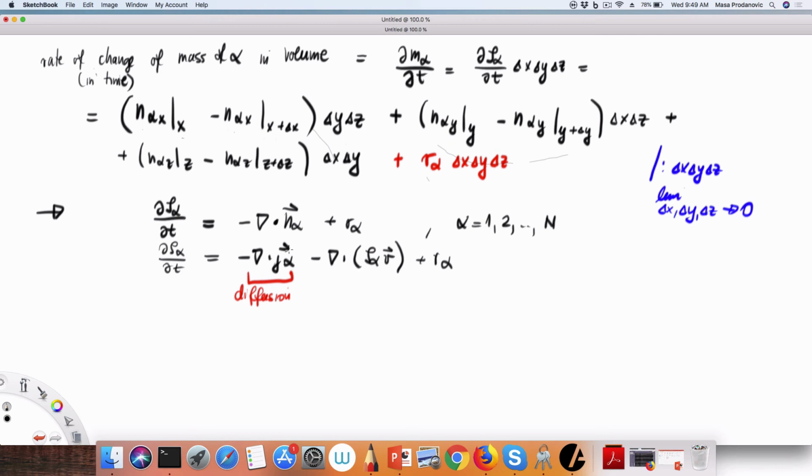Unfortunately, for the rest of the week, you will have to endure my handwriting, because we're going to start solving problems after deriving this formula. This is my diffusion. This is my convection. That's just simply what moves in by movement of the entire phase. And this term is production.